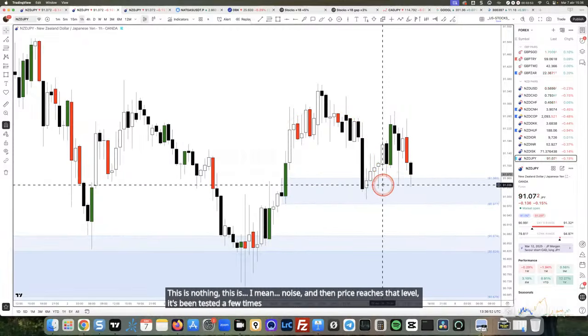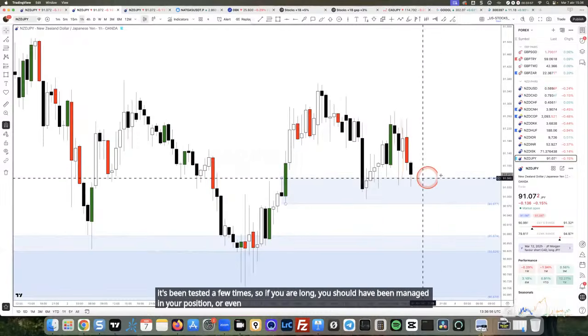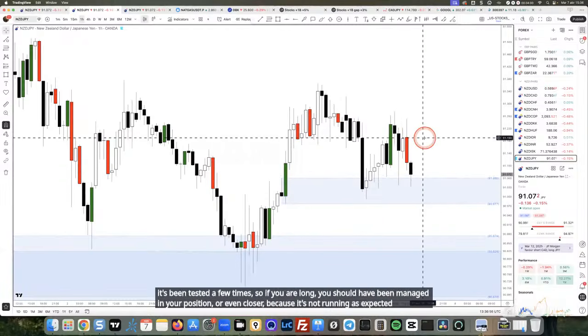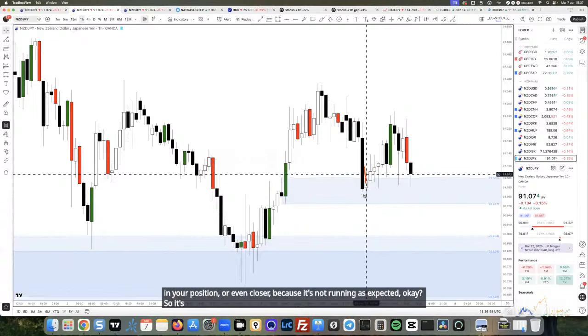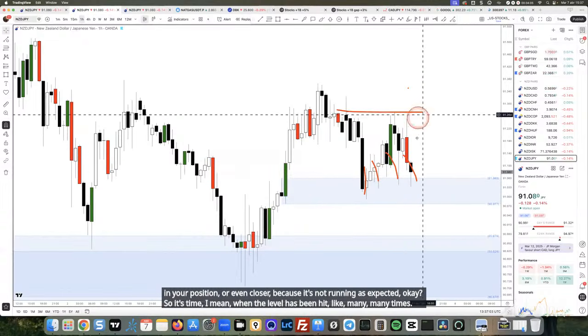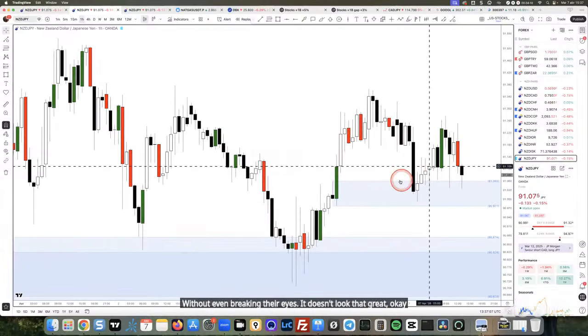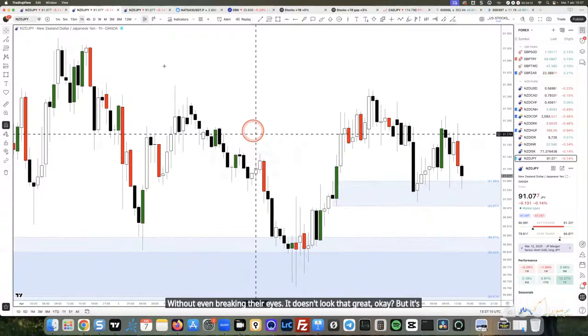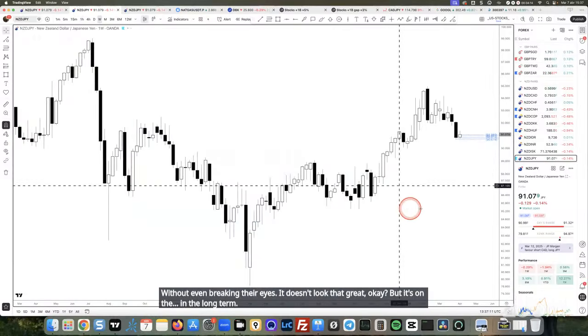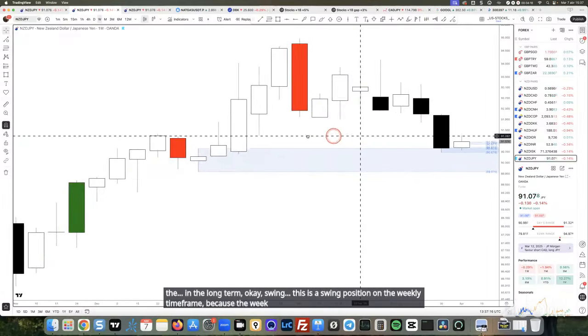So if you are long, you should have been managing your position or even closed it because it's not running as expected. When a level has been hit many times without even breaking the highs, it doesn't look that great. But in the long term, this is a swing position on the weekly time frame because the weekly demand level has taken control.